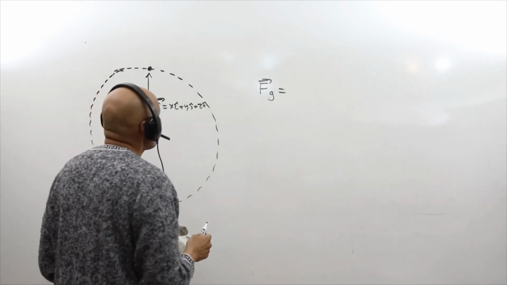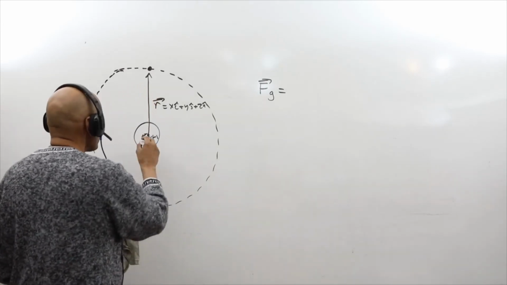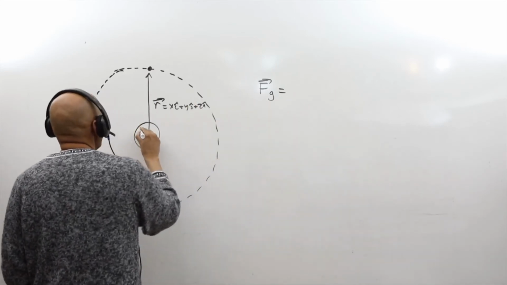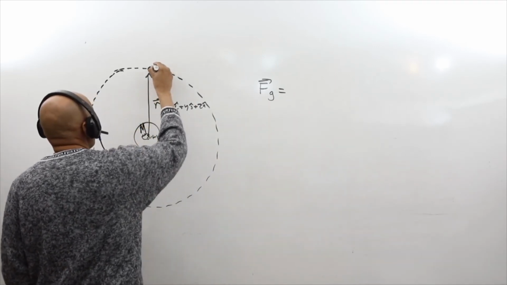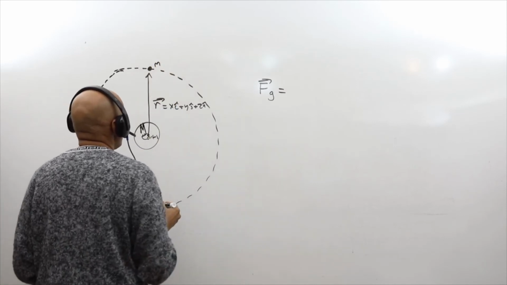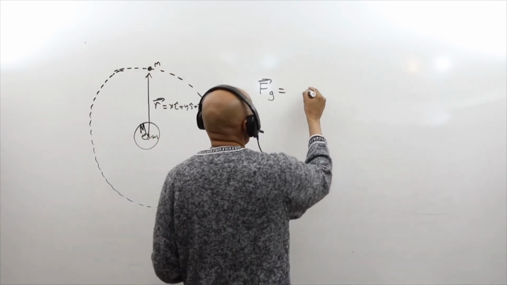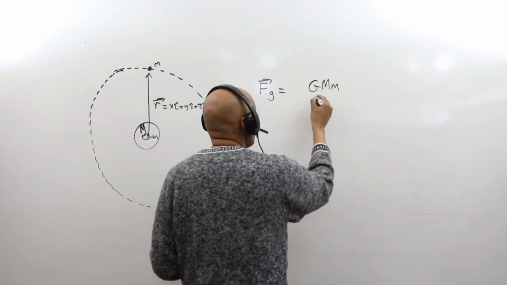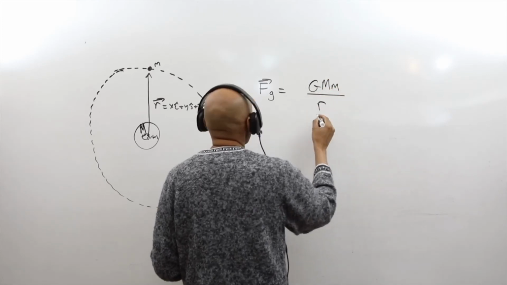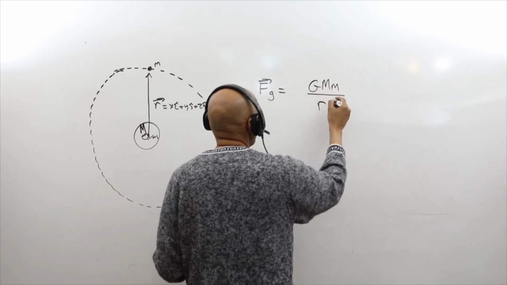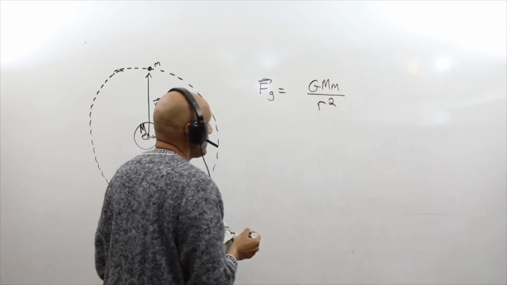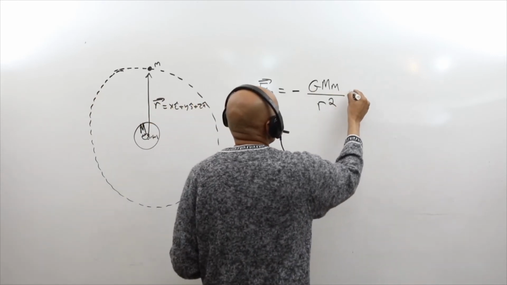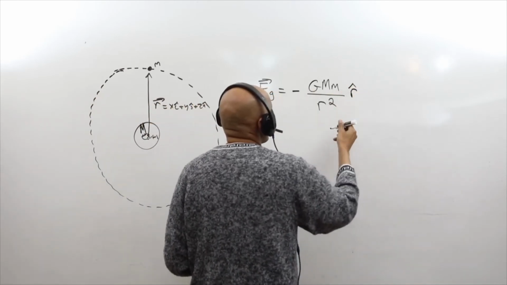What is the direction of the force of gravity? The force of gravity is towards the Earth. And by Newton's law, if the mass of the Earth is M, and the mass of the satellite is lowercase m, then Newton's law basically says that the force between those two particles is GMm over r squared, the distance between them, and the direction happens to be minus the unit vector, in the opposite direction.